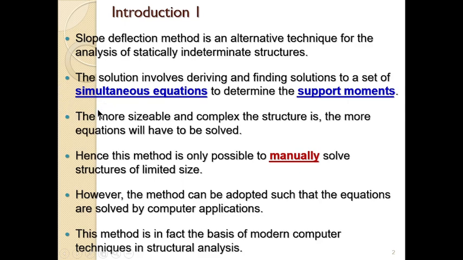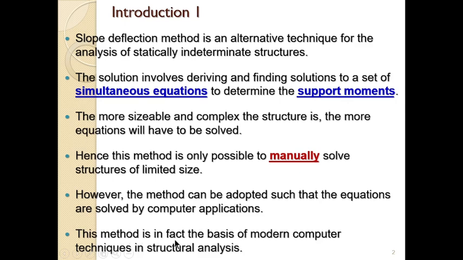So the more sizable and complex the structure is, the more equations we will have to solve. Hence this method is only possible to solve manually for structures of limited size, especially with a limited number of unknown joint rotations. However, this method can be adopted such that the equations are solved with the use of computer applications using software.